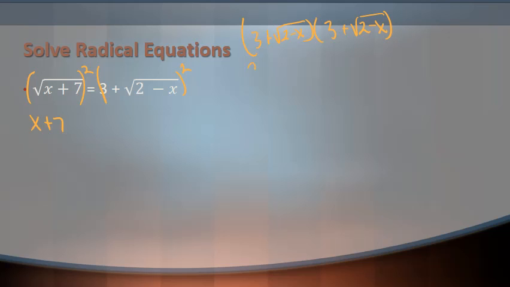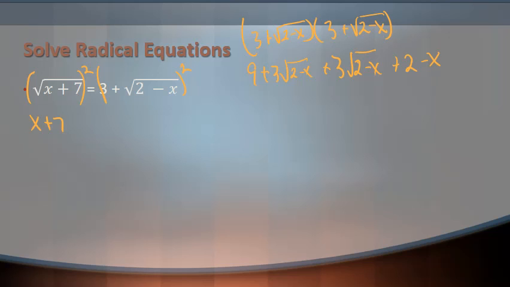All right, so 3 times 3 is 9, plus 3 times the square root of 2 minus x, and plus 3 times the square root of 2 minus x, and the square root of 2 minus x times the square root of 2 minus x is just going to leave me with plus 2 minus x.